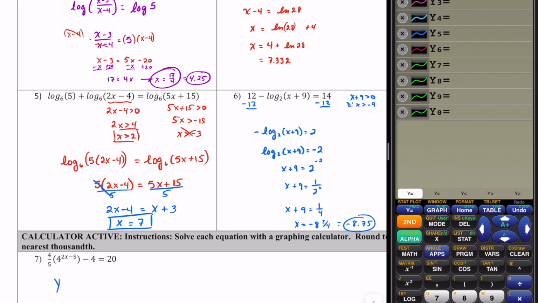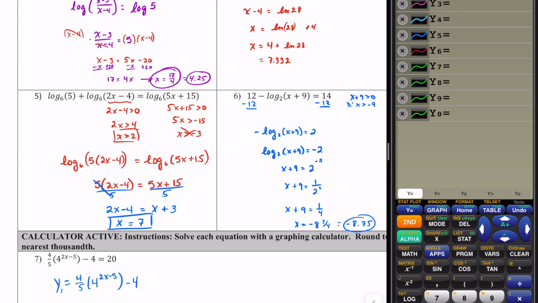I'll make y2 a 20, and I'll just find out where they equal. So y1, I'll go 4 divided by 5, parentheses, 4 raised to the 2x minus 5, arrow over, in parentheses, minus 4. So there's the graph of the exponential, and when does it equal 20?